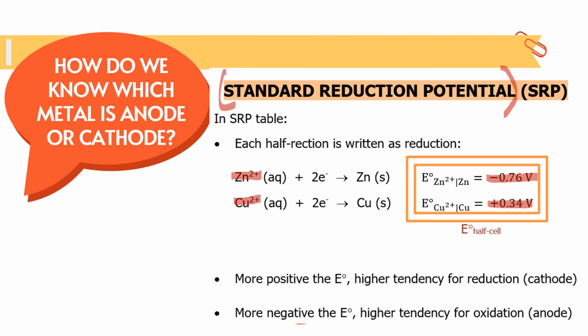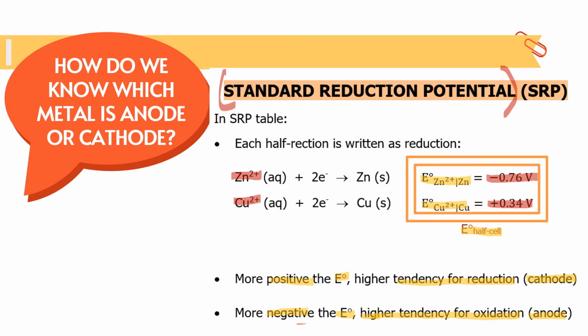The more positive the E0 value, what we call E0 half cell, the higher the tendency to undergo reduction, so we will choose it as our cathode. The more negative the E0 value, the higher the tendency to undergo oxidation, so we will put it at our anode.